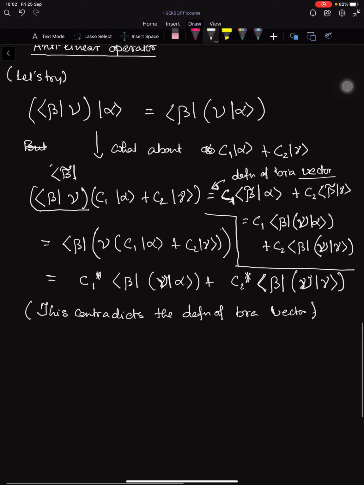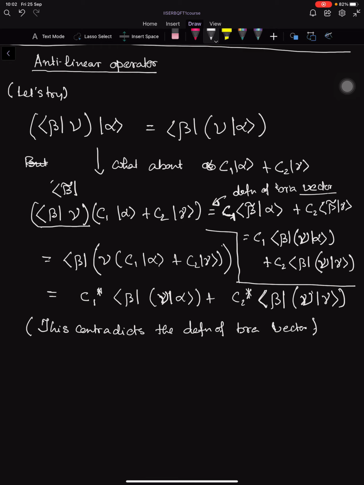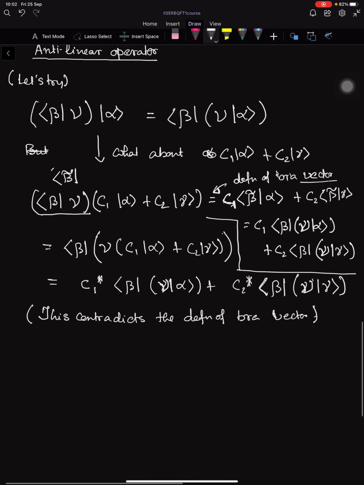Then the action of an antilinear operator on a ket is defined in the following way.